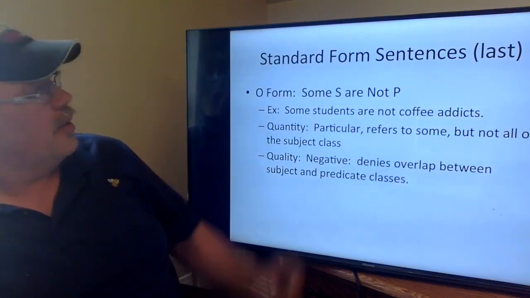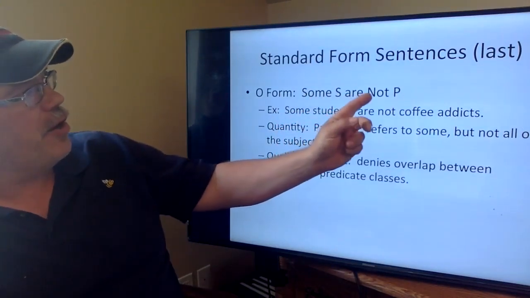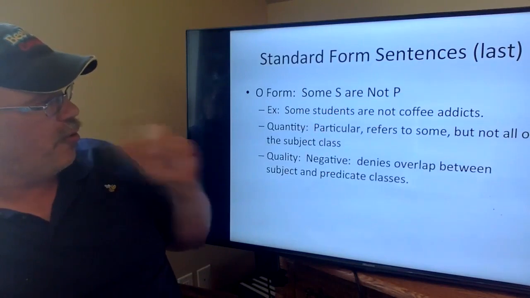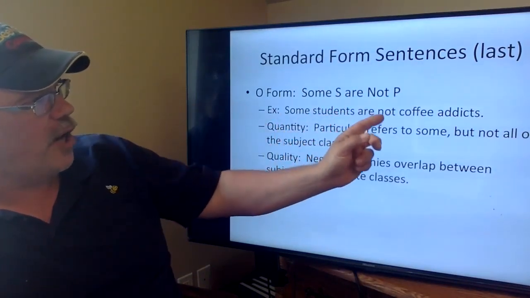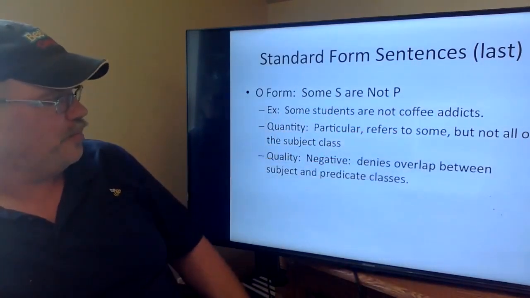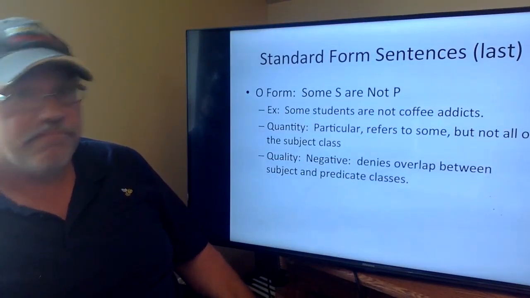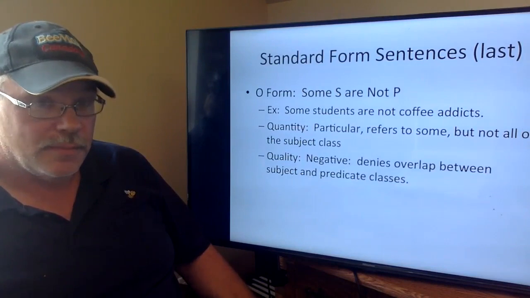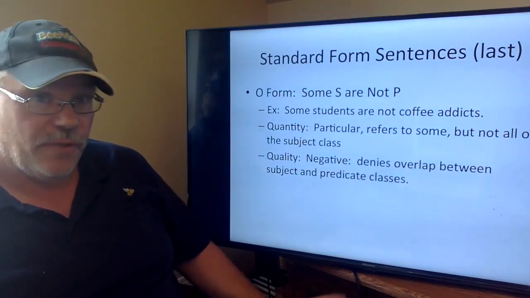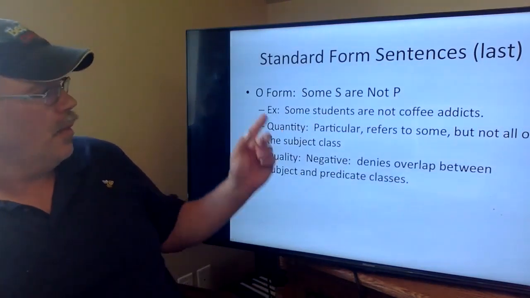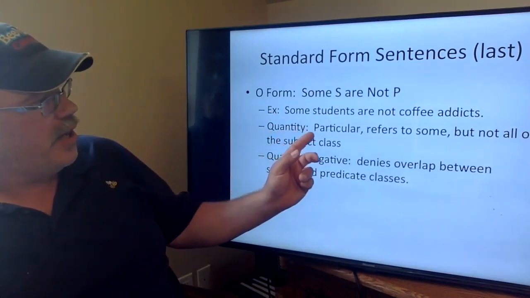So, some subjects are not predicates. So, for instance, some students are not coffee addicts. How many students are we talking about? At least one. Is it lots? Is it a few? Don't know. So the quantity is particular.